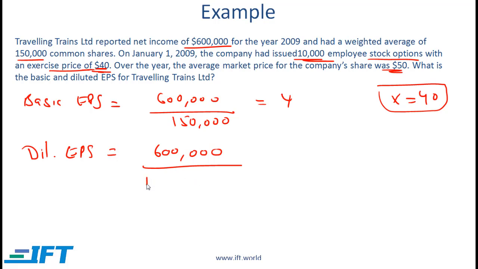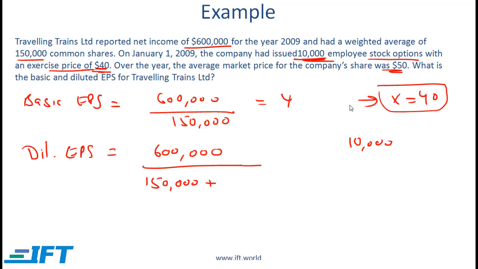We start out with 150,000 shares outstanding, and then we are going to add the number of new shares. And this is a little bit interesting. The company has to issue 10,000 new shares because employees are coming in and exercising their options.